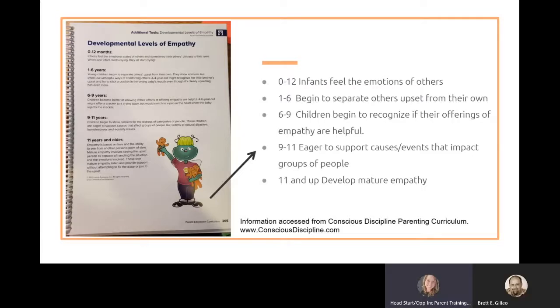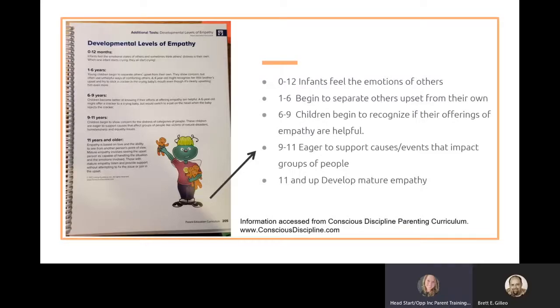And then when kids get to the 9 to 11 age range, they're really eager to support causes or events that impact groups of people, like natural disasters. Even with the current state of COVID-19, you see a lot of students and kids out there doing some really great things, whether it's making masks or gathering donations.